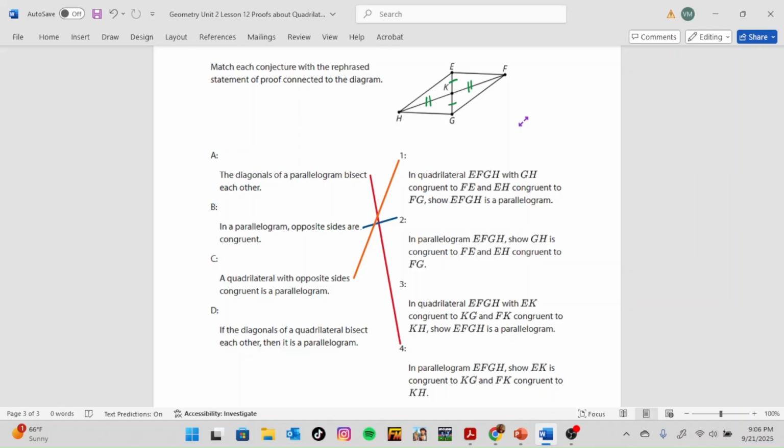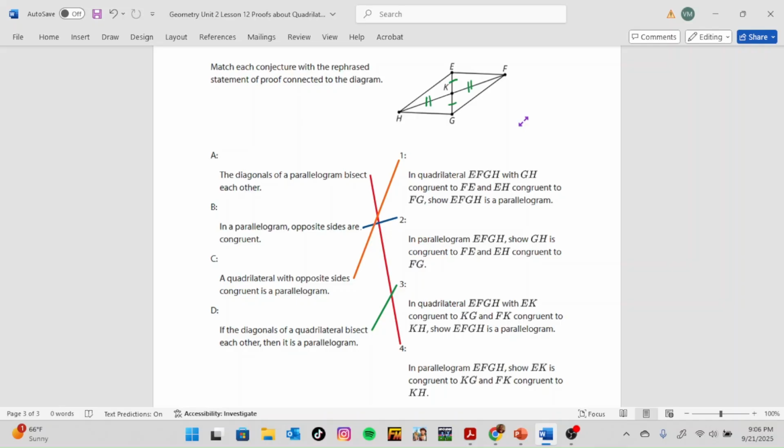That matches the conjecture D. If the diagonals of a quadrilateral bisect each other, then it is a parallelogram. So D matches number 3.